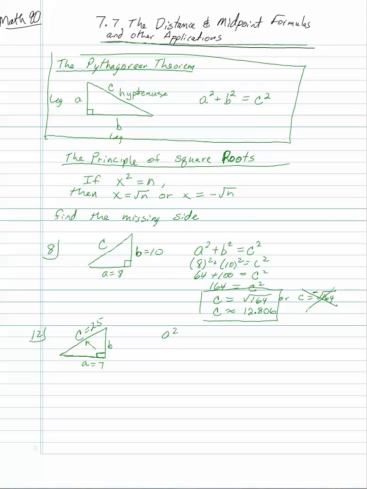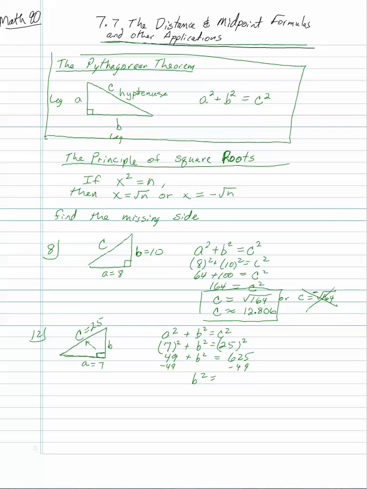So again, Pythagorean theorem, A squared plus B squared equals C squared. Plug in the numbers you know. A is 7, B we don't know, C is 25, so we get 49 plus B squared is 625. We're going to subtract 49 from both sides.